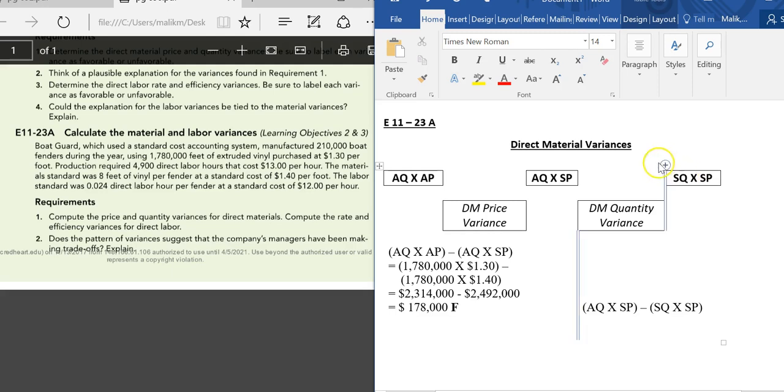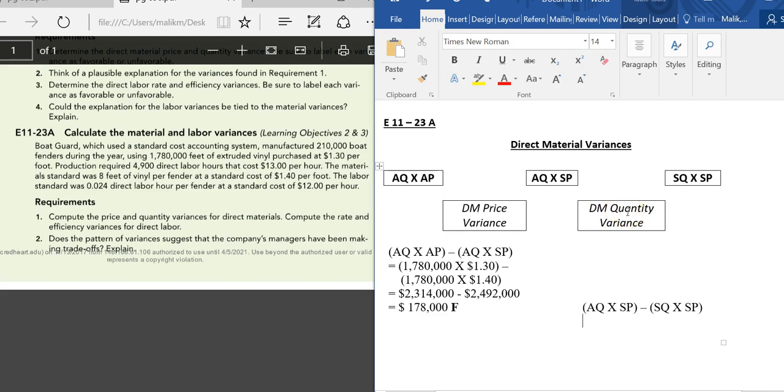And remember, we are now comparing box number 2 and box number 3, and the main difference is the quantity. In both cases we are using the standard price, but in box 2 we are using actual quantity and in box 3 we are using a standard quantity of your direct material, and that's why we call it the quantity variance.